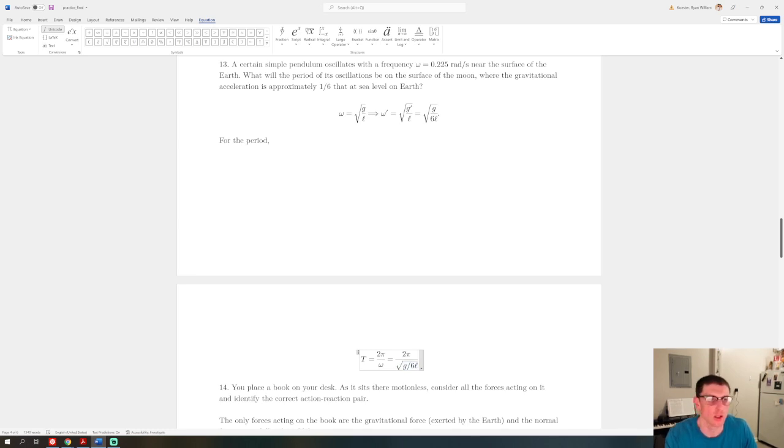And I think that's all there is to this, right? So just remember that omega prime is the angular frequency on the moon. G prime is the moon's gravitational acceleration. And we'll get a number here in short order.